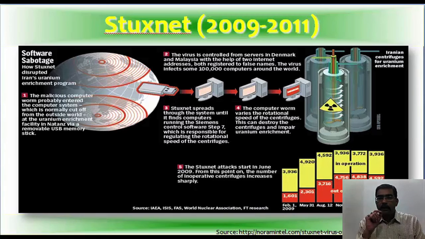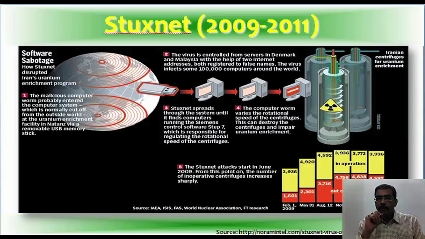Third, Stuxnet spreads through the system until it finds a computer running the Siemens control software, Step 7, which is responsible for regulating the rotational speed of the centrifuge. Then the computer worm varies the rotational speed of the centrifuge.